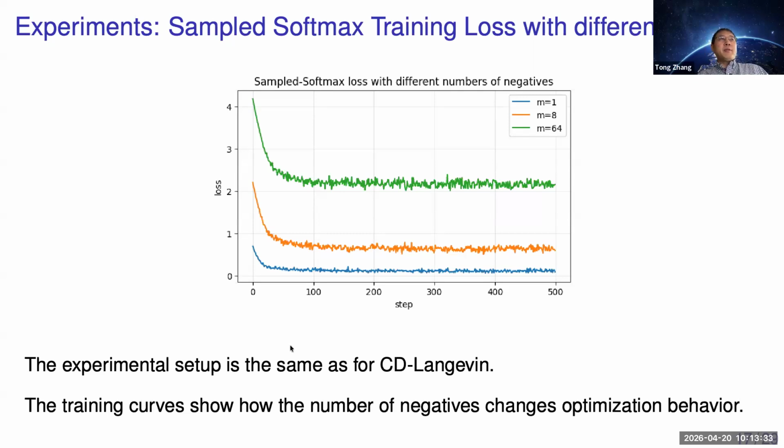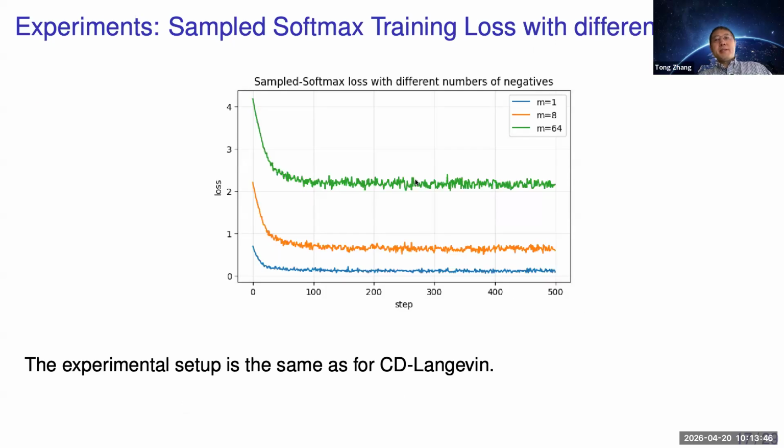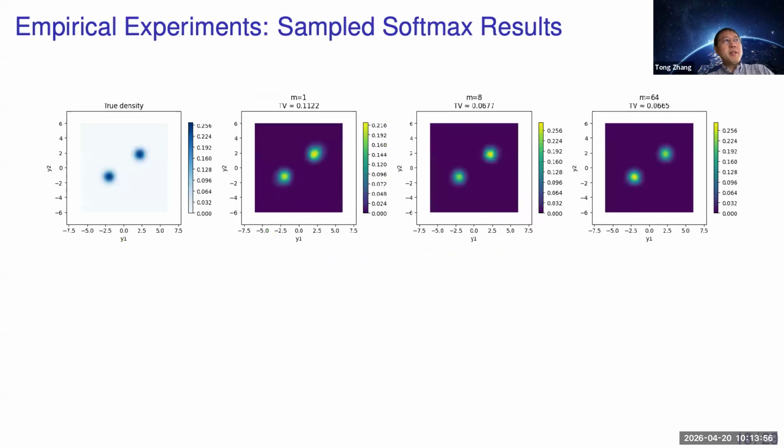If you look at the denominator, you have a plus log M. So when M increases, you expect this to go up, because of the log M. I didn't try to compensate for that factor. If I compensate, they will probably overlap more. But basically, this matters.